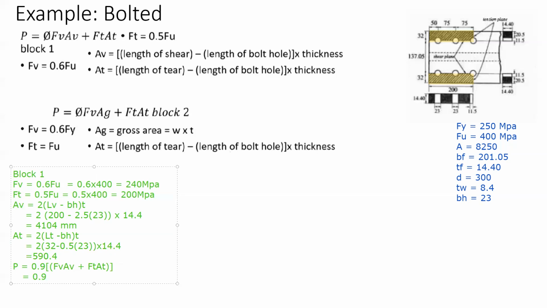This is 0.9 times Fv is 240 times Av is 4104, plus Ft, that's 200, and At is 590.4. Ayan. Okay, so P would be equal to 992.736 kilonewton. So that is for block 1. And then let's try block 2.